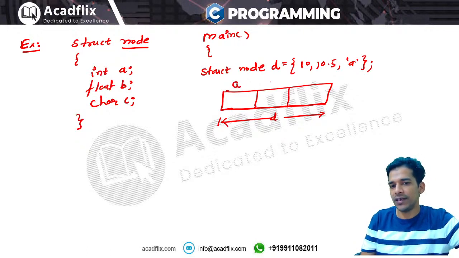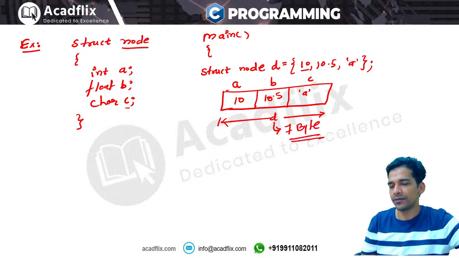So the first member is a, the second member is b, and the third member is c, right? So a has a value 10, b has a value 10.5, that is a float type variable, and c has the character value a, right? So how much size will be allocated to this? 7 bytes will be allocated to the variable d, right?